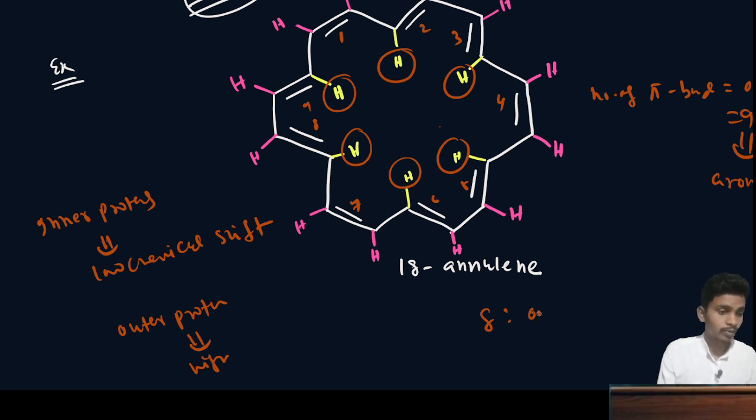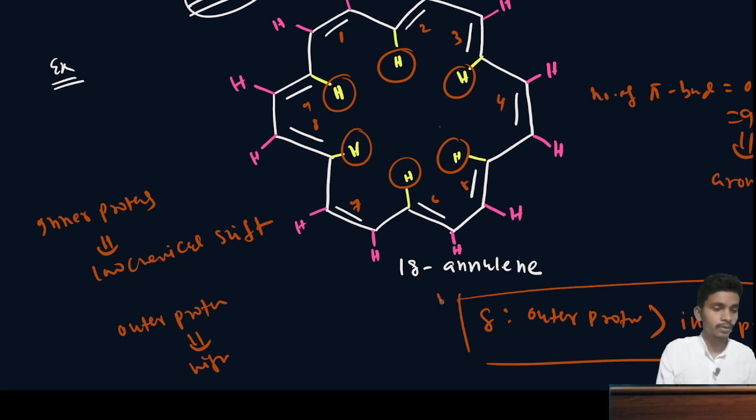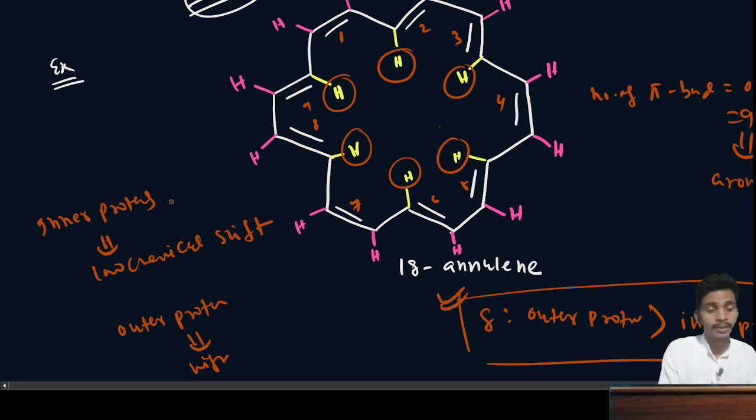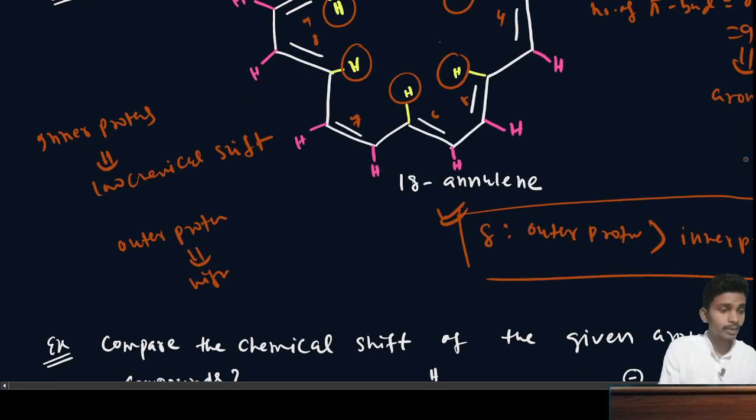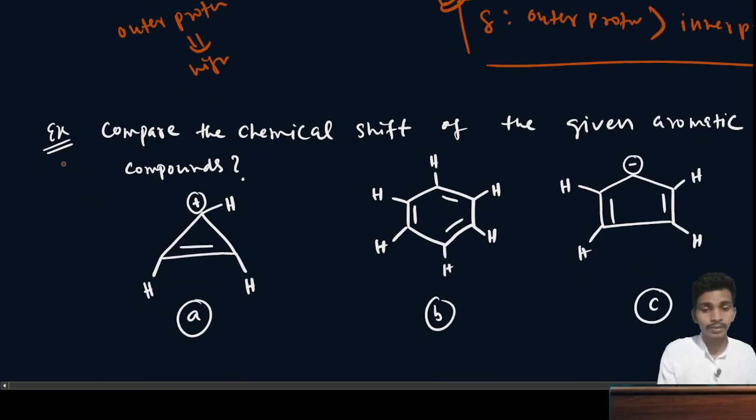So first outer protons, then inner protons. This is for the analysis. First we see whether it is an anti-aromatic system or an aromatic system. If it is an anti-aromatic system, then first inner protons, then outer protons. Okay, next question.